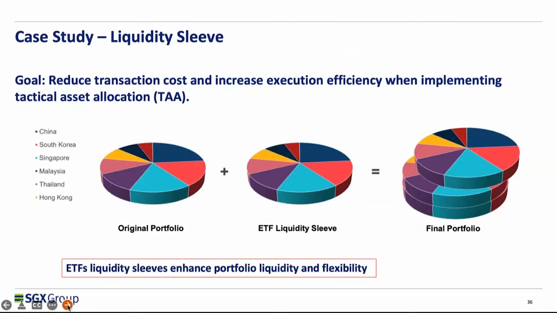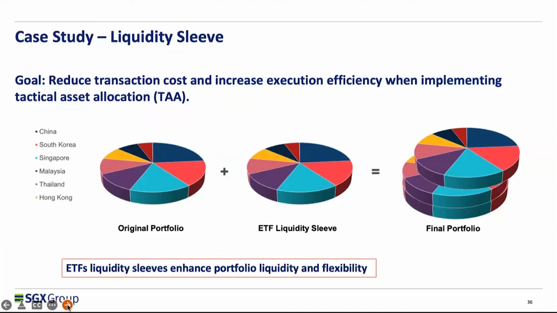And in order to achieve that, sometimes it's not easy. The very first thing you want to do is have what is termed an ETF liquidity sleeve, right? You buy the ETF first, and slowly you offload piece by piece. All right, you layer on a different portfolio on top.